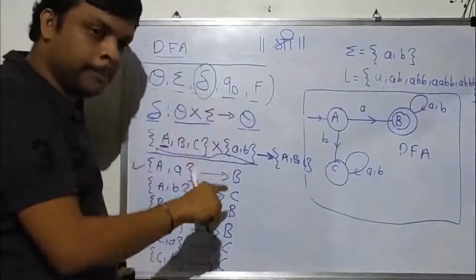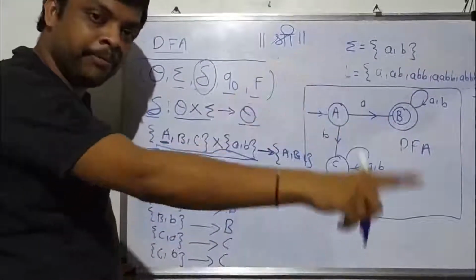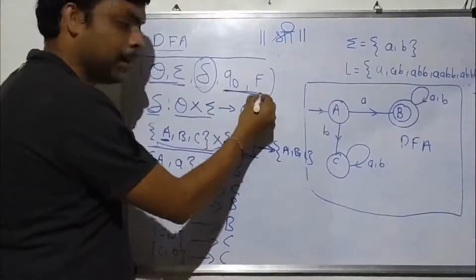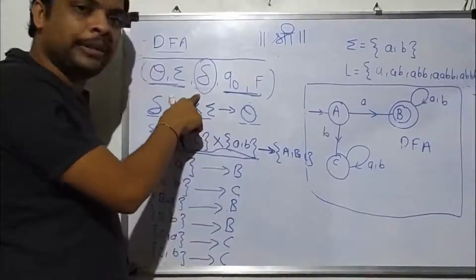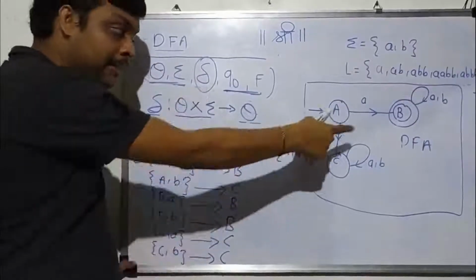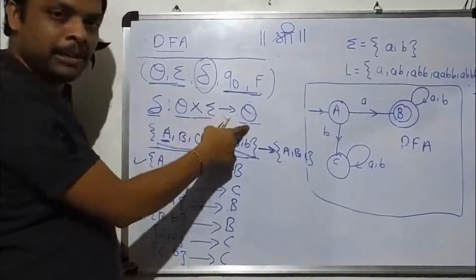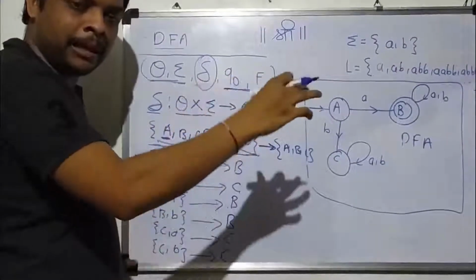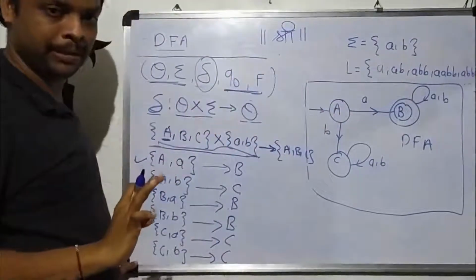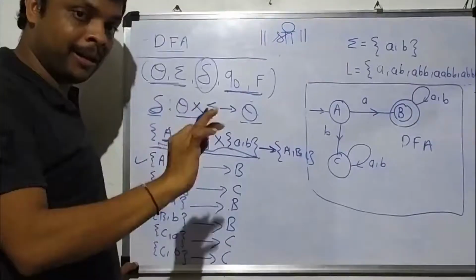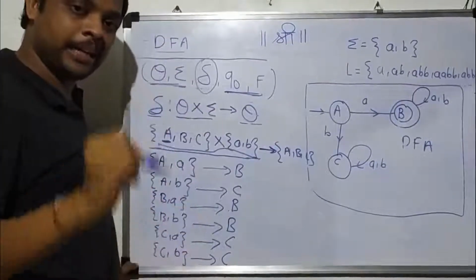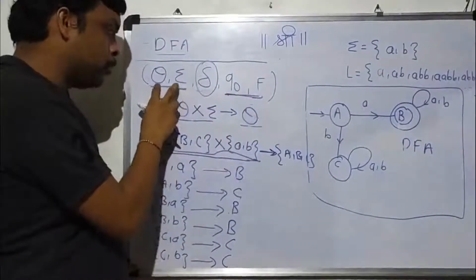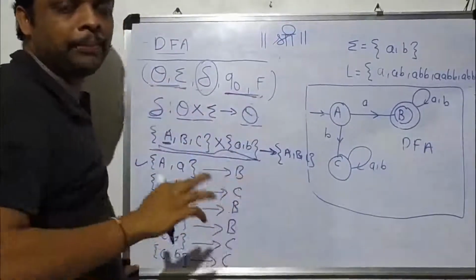In DFA, NFA, and NFA with epsilon, the first four tuples, that is Q, sigma, q0, and F, remain the same. For DFA, delta is defined like this. For NFA, a different definition is given for delta, and again for NFA with epsilon, a different definition is given.